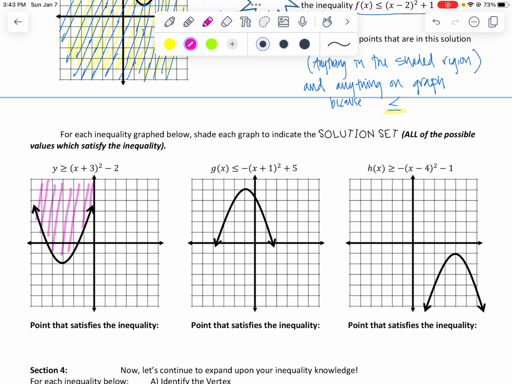Now here in g(x), I'm looking for anything that is less than or equal to this parabola, so I am going to be shading below the parabola, any area underneath the parabola, and you could continue to go down like that. And then the last one, I'm looking for h(x). All the solutions are going to be greater than this parabola that's been turned upside down, moved to the right 4, and down 1.